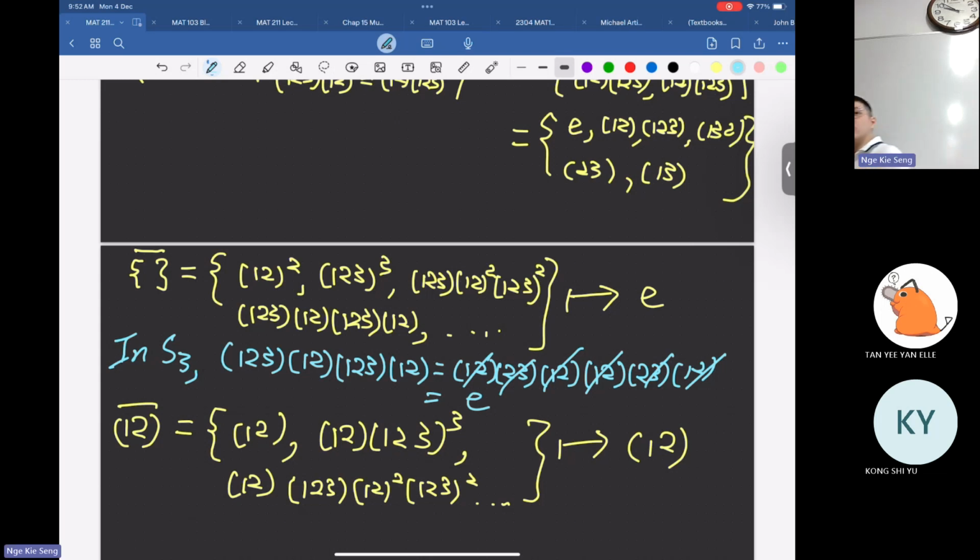So what is this free group actually doing? It groups all the products that evaluate to the six elements into equivalence classes. You can imagine these are all the questions you can get, all the types of products you can get in S3.